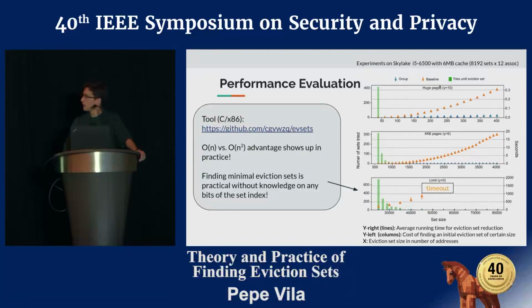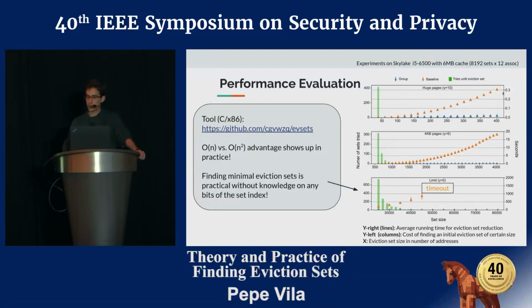For instance, here we have three figures. The first one represents an attacker that has complete information about the set index bits, so it only needs to pick a few addresses to find a large eviction set and then reduce it. The second figure represents an attacker with partial information about the set index bits. And this last one is an attacker without any bit of information about the set index bits.